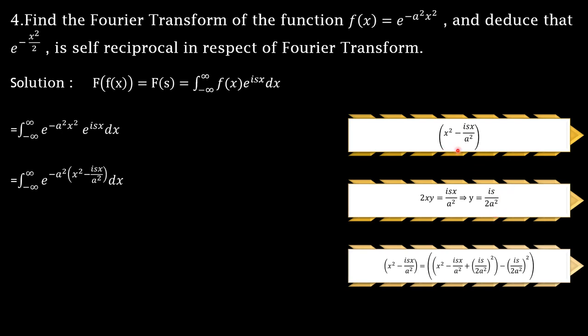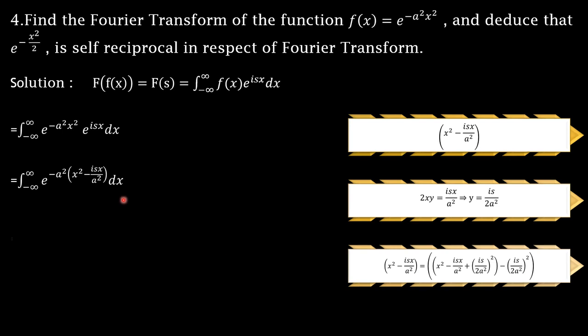In order to make this a perfect square, let me add and subtract y square to it. So adding and subtracting y square and observing that the first term inside the bracket is of the form a square minus 2ab plus b square, I can write it as x minus is by 2a square whole square minus is by 2a square whole square.